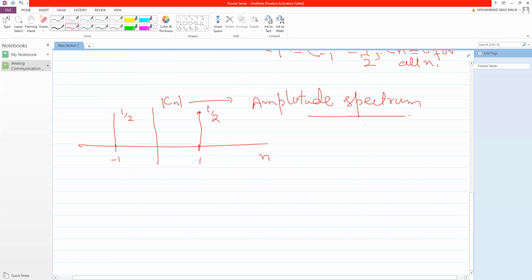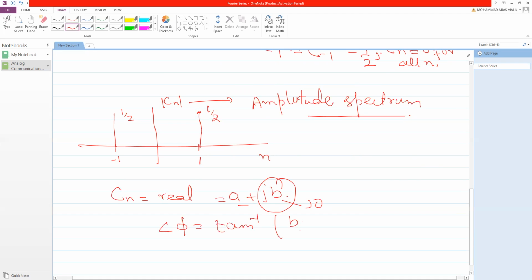Since Cn is purely real, there's no complex term involved, so what will the phase be? Cn is equal to a plus jb. Since b here is 0 and a is 1 by 2, the angle phi is tan inverse of b by a, which is tan inverse of 0 divided by 1 by 2.